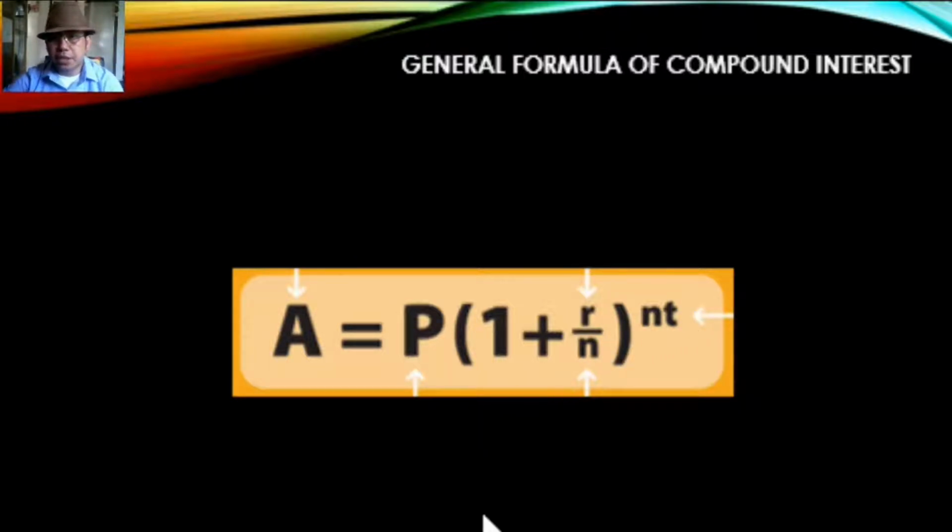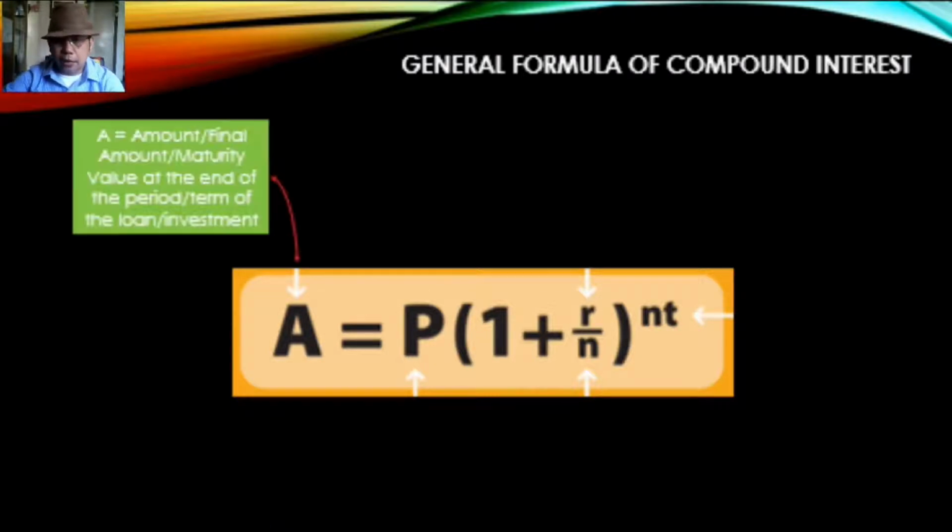Now, what are the variables involved? A in here is the amount, final amount, maturity value, or future value at the end of the period or term of the investment or loan or any deposit for that matter.